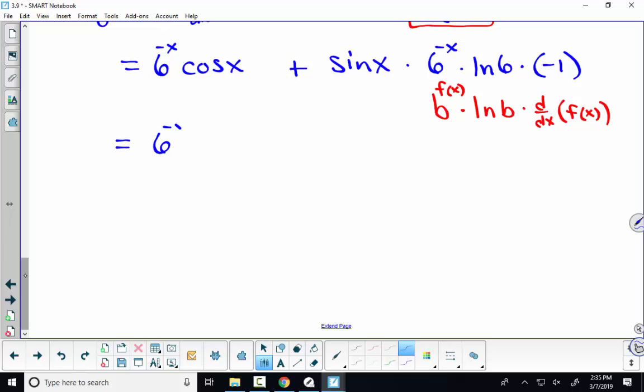Say that's 6 to the negative x cosine x minus 6 to the negative x ln 6 times sine x.